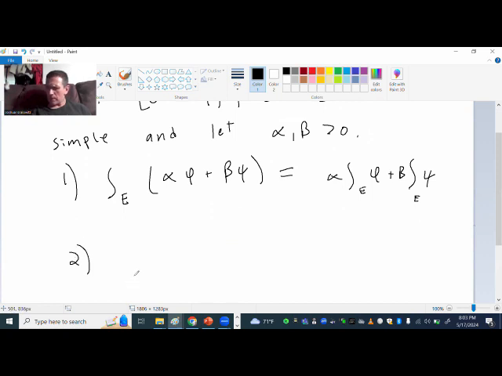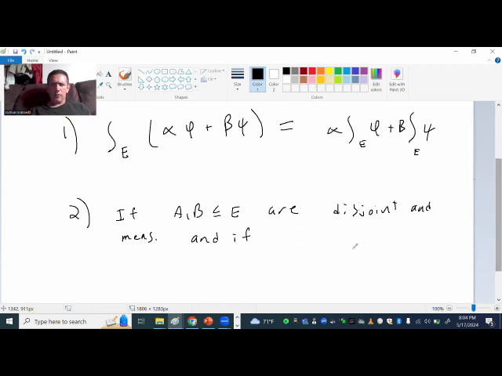Two. So if A and B are disjoint, measurable, and if we define, so to be clear, I'm defining this.